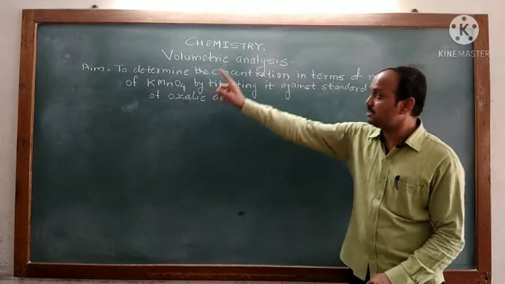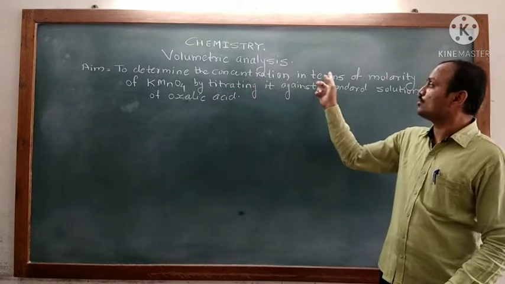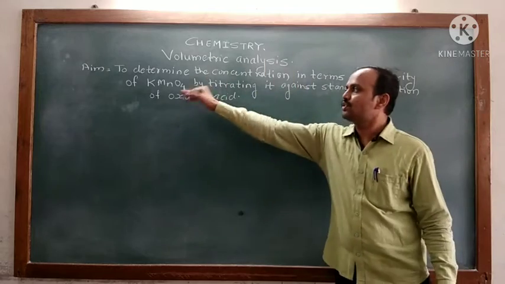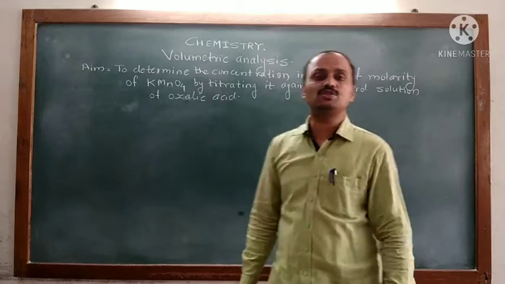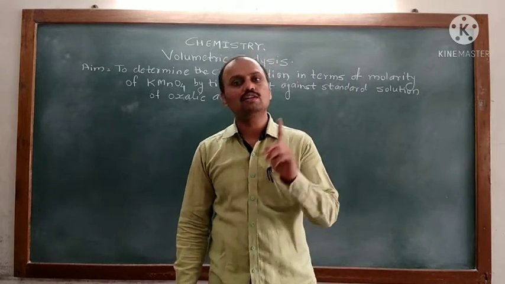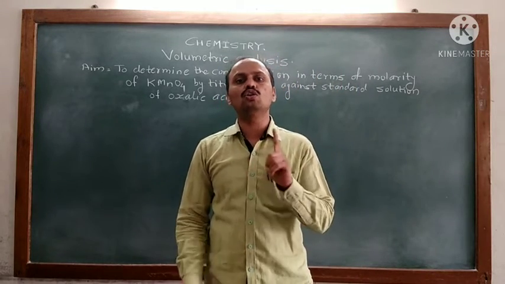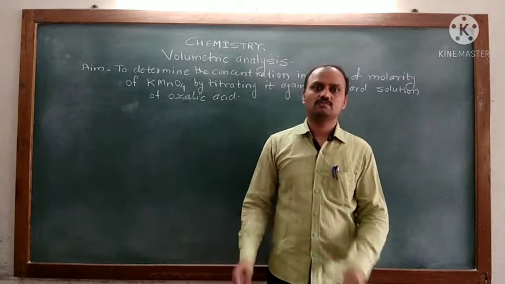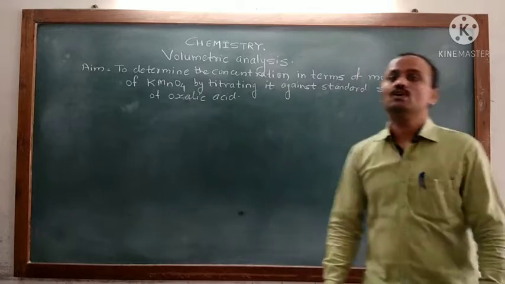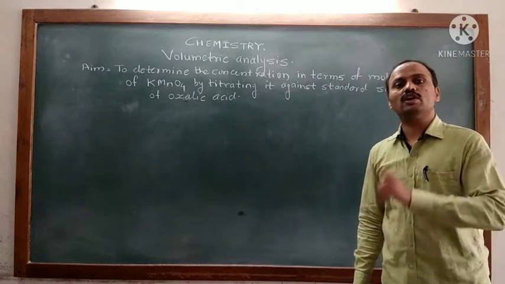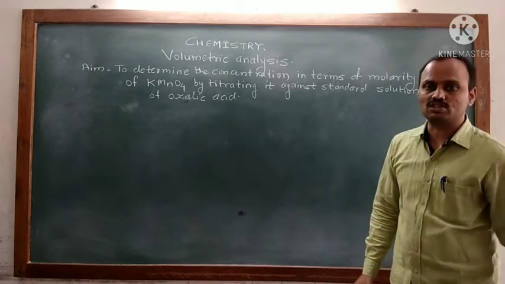We have to determine the concentration in terms of molarity of KMnO4. That means the potassium permanganate solution will be given to us with unknown concentration, and we have to determine its concentration.